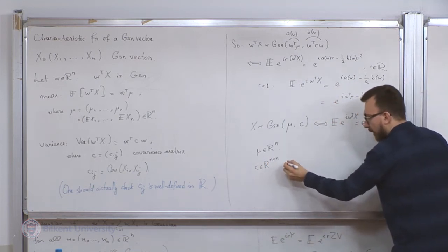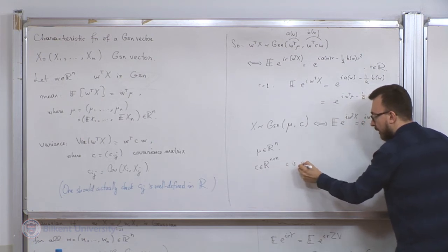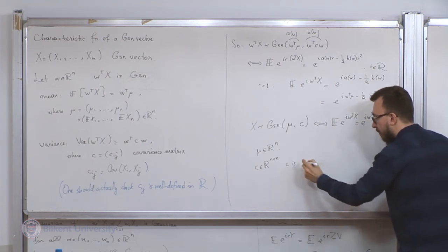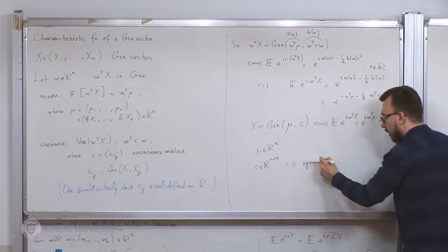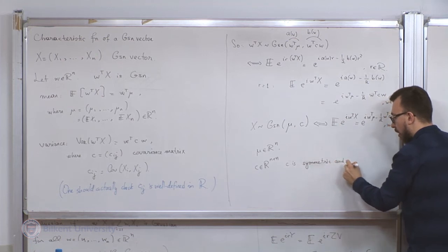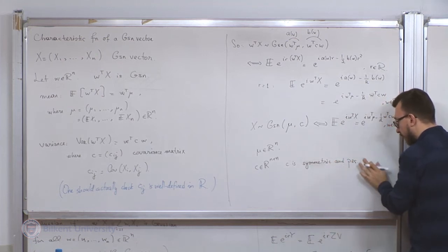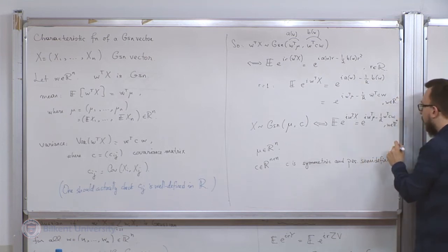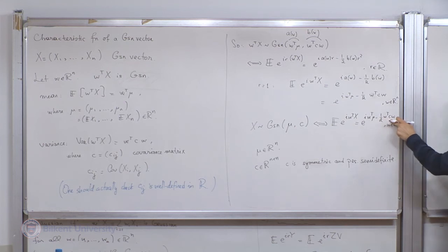And in the homework, you check that C is symmetric and positive semi-definite, not definite, semi-definite. In other words, this expression W transpose CW is nonnegative. And symmetric is, of course, very easy to see because covariance of XY equals covariance of YX.